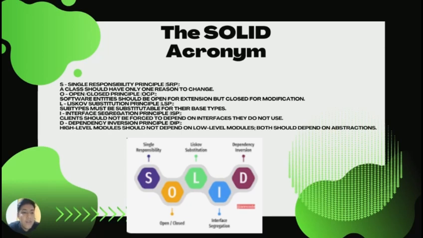I, Interface segregation principle (ISP). Clients should not be forced to depend on interfaces they do not use. D, Dependency inversion principle (DIP). High-level modules should not depend on low-level modules but should depend on abstractions.